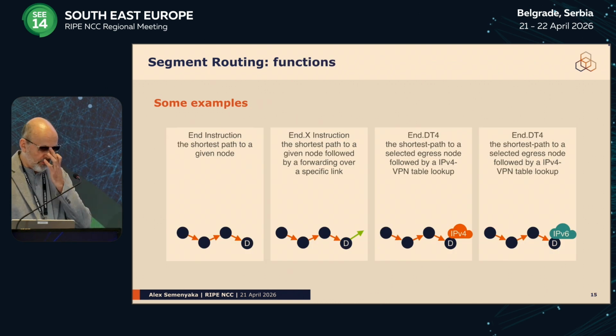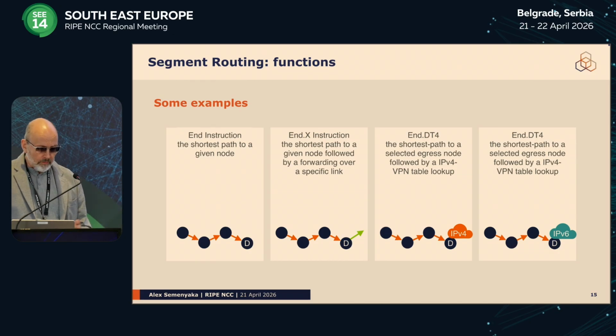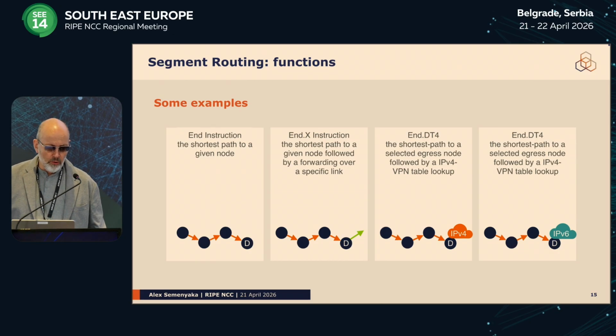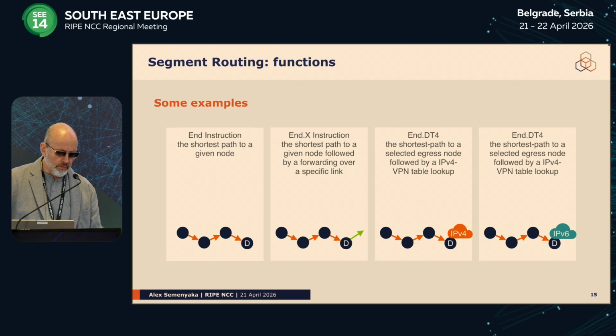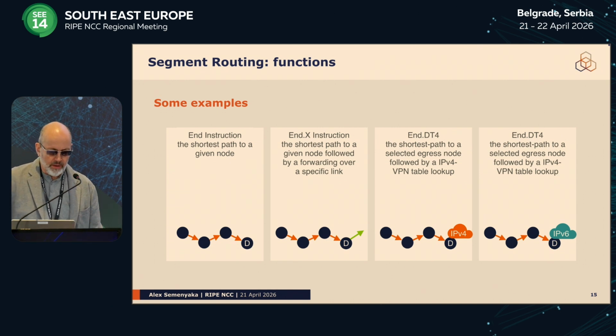And some examples of functions to give you the idea, like: please go directly by the shortest path to this node, or go to the specific link, or please go to the IPv4 VPN, or the last one should be IPv6, sorry, or IPv6 VPN.